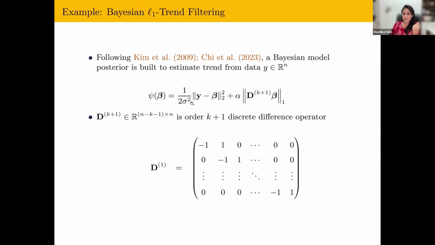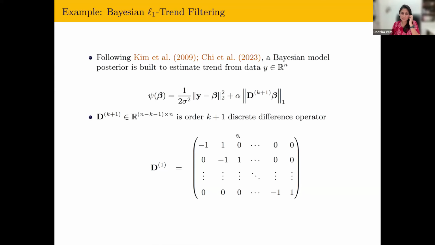But of course, if this is what I try to minimize, then the curve that I get is just going to connect all the dots, and I'm not going to actually be able to find any trends, because if I minimize y minus beta over my parameter space of all betas, it's just going to join the dots. So what one does is one penalizes a certain matrix difference discrete operator times beta that is then going to induce a certain trend structure because of the L1 norm here.